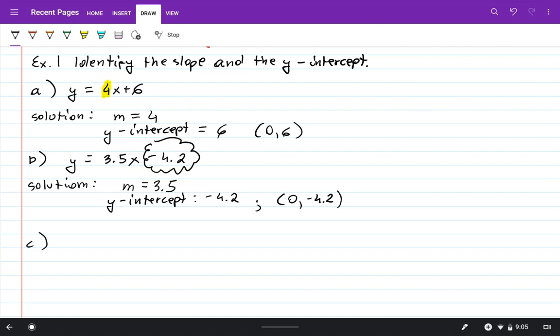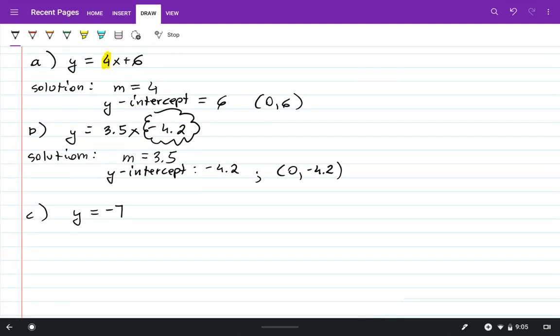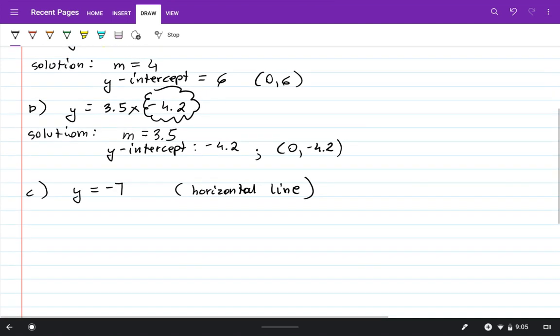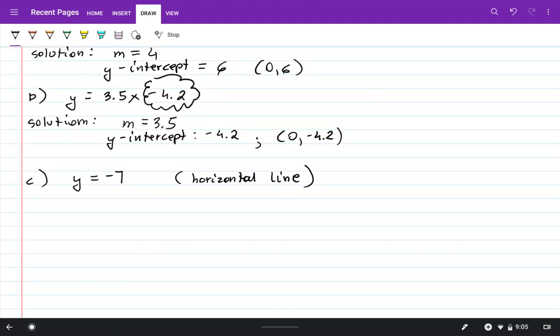Okay, and let's do C. We have y equal negative 7. So here you don't see x, so this is a horizontal line. Okay, so horizontal line, again, what we know is that the slope is equal 0, but even if you forgot about it, you want to rewrite y equal negative 7 in slope-intercept form.